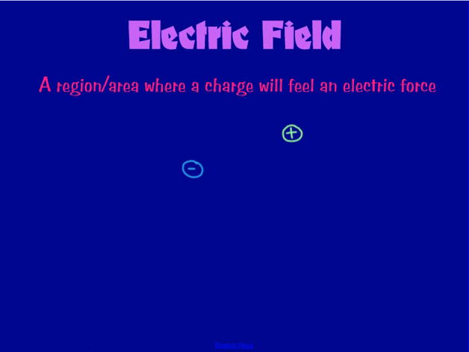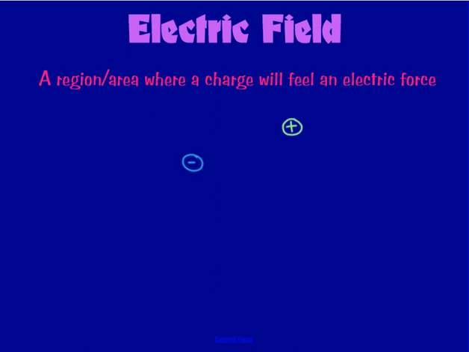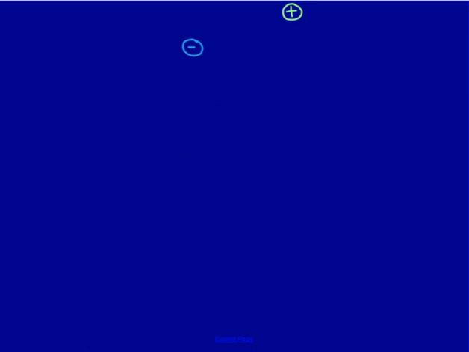The electric field can also be calculated, and it can be calculated in a couple of different ways. One method for calculating the electric field is by using the equation electric field, or E, is equal to the electric force that is felt by a charge divided by the charge of that object.